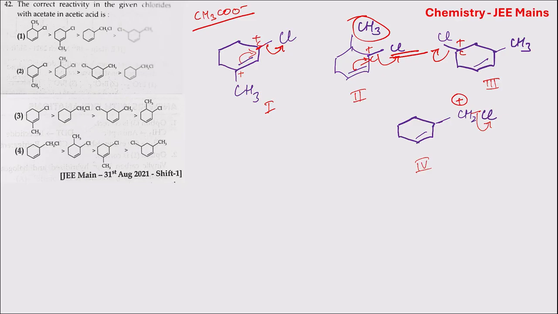Therefore, the reactivity of the fourth compound is the least. So reactivity of the first one is greater than the second one is greater than the third, and third one is greater than the fourth. So correct option is option 2.